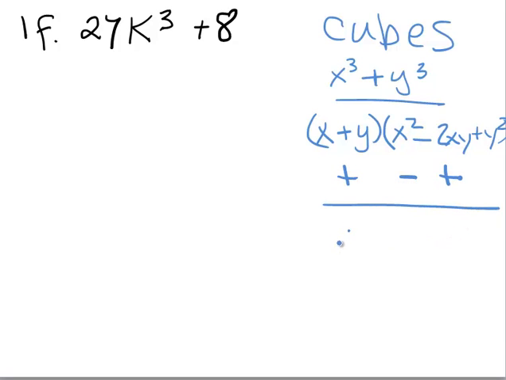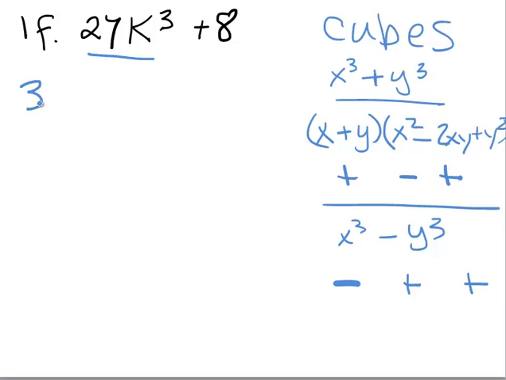If it was x cubed minus y cubed, the pattern would be minus, plus, plus. We'll talk more about that if you need to. So anyway, let's take care of this. So we're going to pull out the cube root of this.